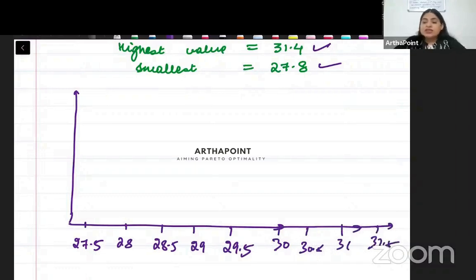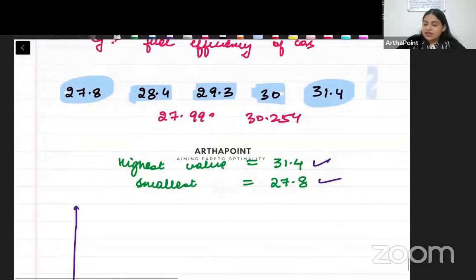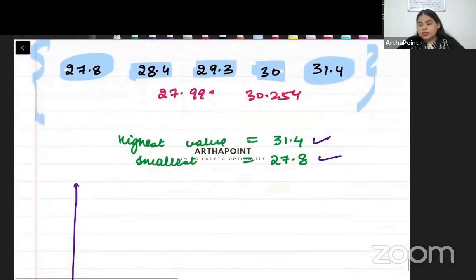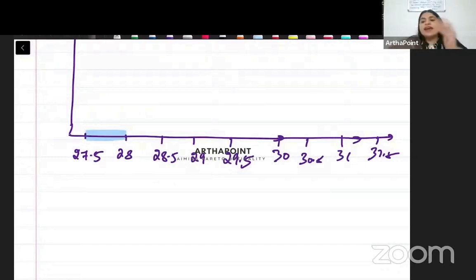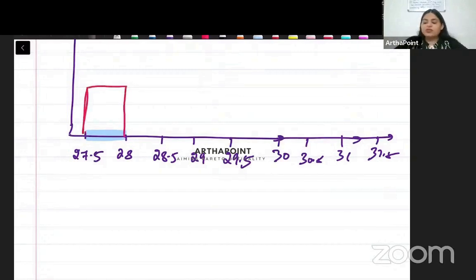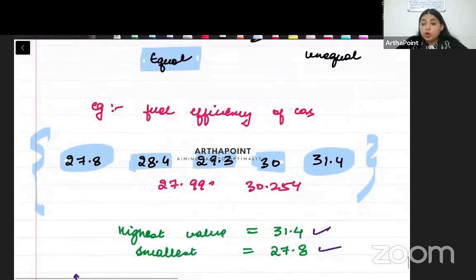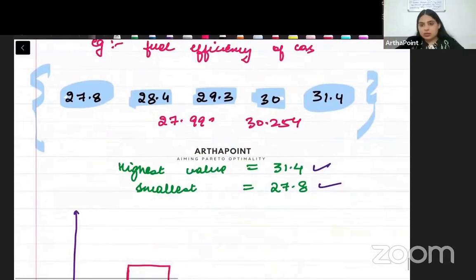So what you have done is you have divided this data set that you could see in intervals. Now, wherever you see value between 27.5 to 28, you're going to go ahead and make a histogram. Okay, so suppose there are 10 values between 27.5 to 28, then accordingly, I will have 10 values here. Maybe I have 12 values here, I will have 12 values here, and so on. So the first thing which is possible that you can do with your data set is that you can divide the continuous observations into class intervals.